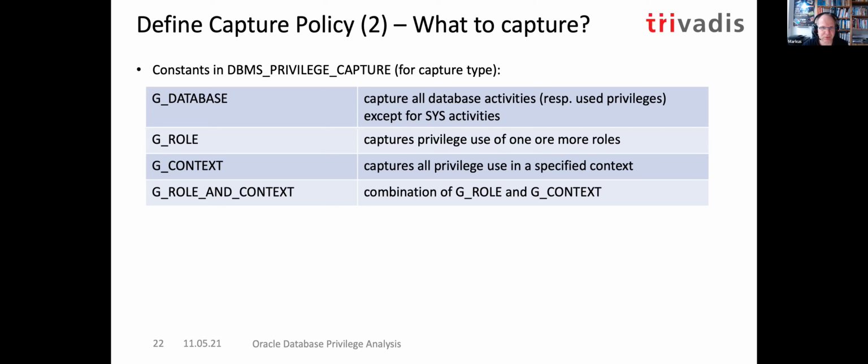Then we have G_ROLE. If you have some special roles which are used by your applications. And next is G_CONTEXT, if there's a special session context for your application, and you can combine a role and context.